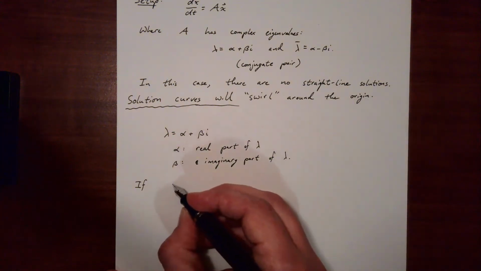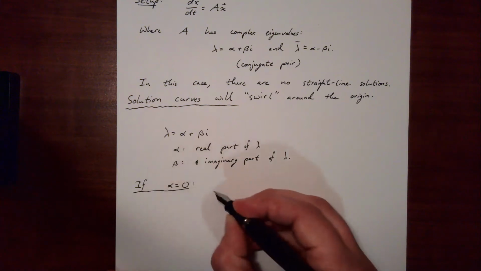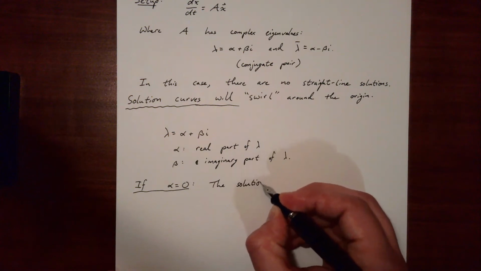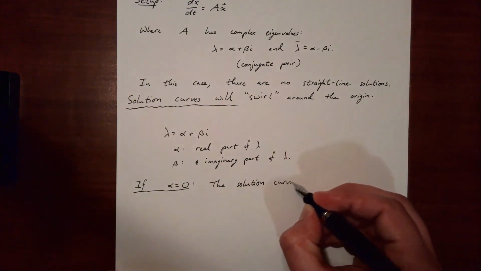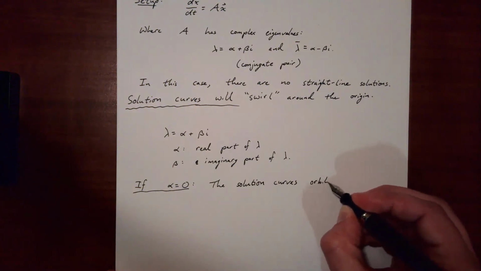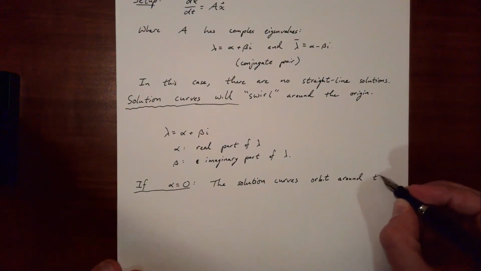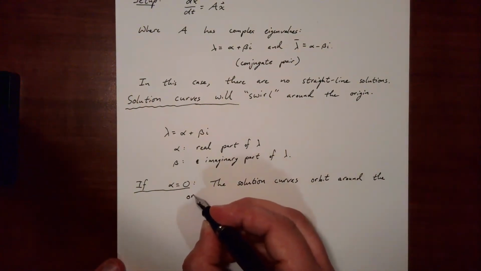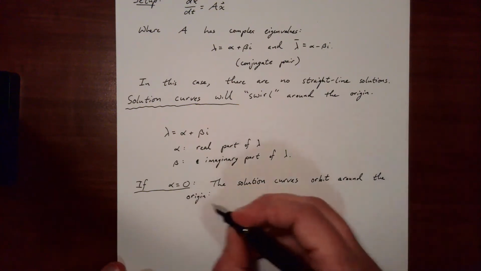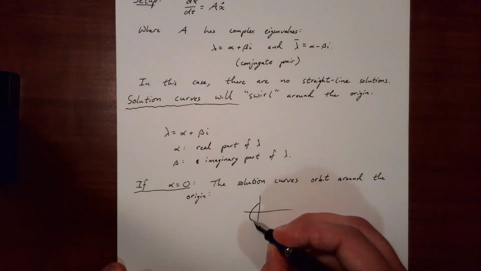So if alpha equals 0, the solution curves just orbit around the origin. And what that looks like is you just have something like this.